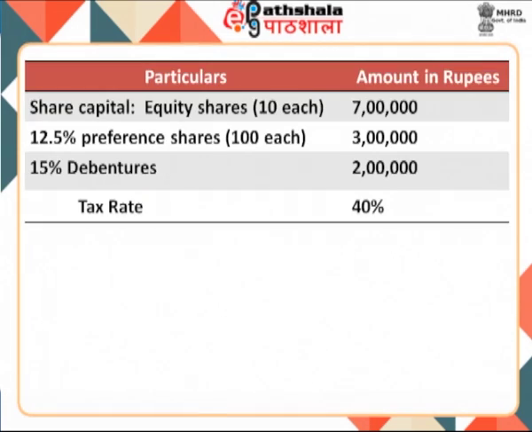Let us assume that the following information is available in respect of a firm. Share capital, equity shares of rupees 10 each, and the amount of share capital is rupees 7 lakhs. 12.5% preference shares of rupees 100 each, the amount is rupees 3 lakhs. 15% debentures, amount rupees 2 lakh.